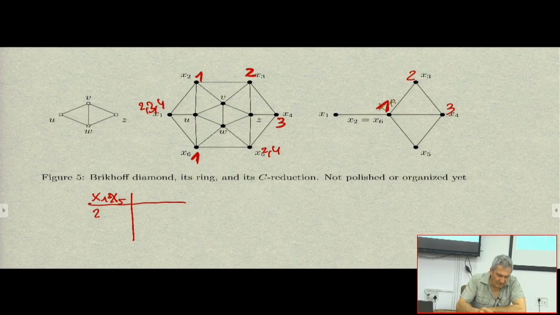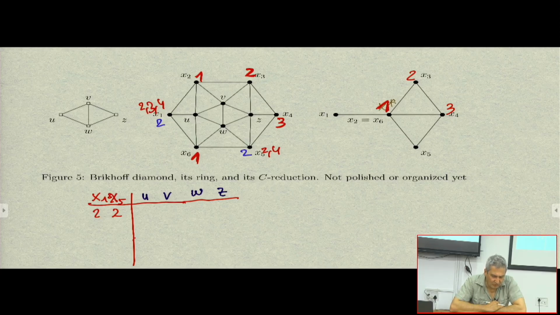And I put the values of the others, U, V, W, and Z. Let's say x1 is colored 2 and x5 is colored 2. So we have here 2, 2.